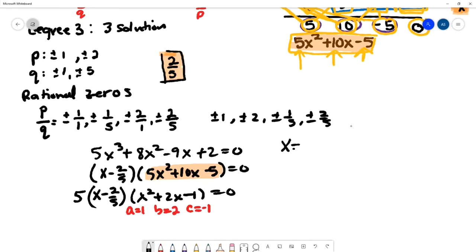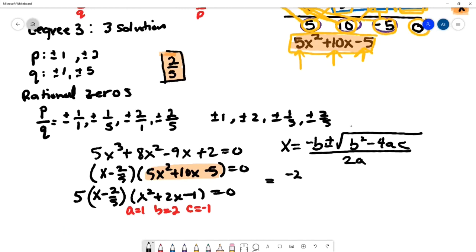And the quadratic formula is x equals negative b plus or minus the square root of b squared minus 4ac all over 2a. I have negative 2 plus or minus the square root of 2 squared minus 4 times 1 times negative 1 all over 2 times 1.